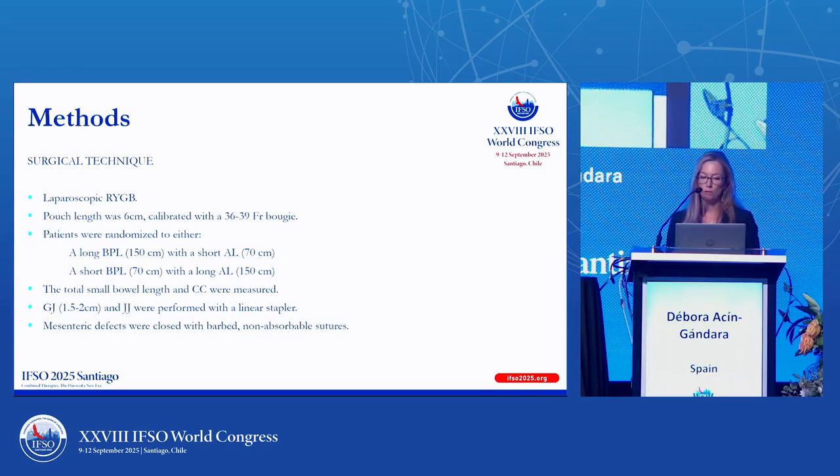The total small bowel length and common channel were measured in all patients. Gastrojejunostomy and jejunojejunostomy were performed with a linear staple, and mesenteric defects were closed with barbed non-absorbable sutures.